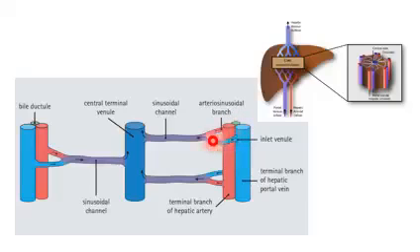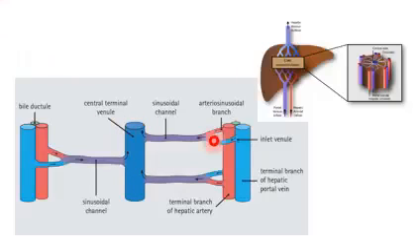The branches from the portal vein and the hepatic artery mix together, forming a sinusoidal channel called the hepatic sinusoid. Blood will flow from the periphery of the lobule toward the center, where it joins the central terminal venule.